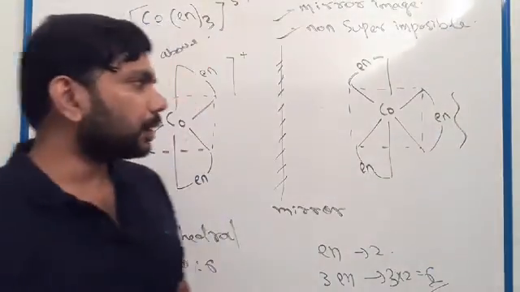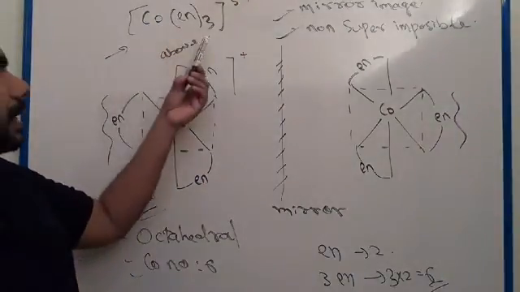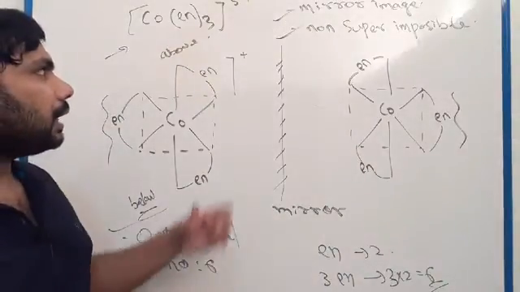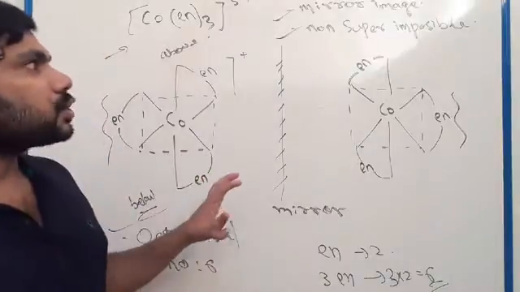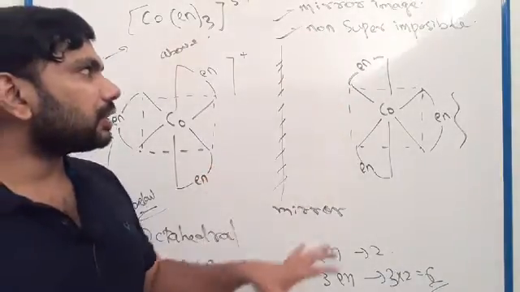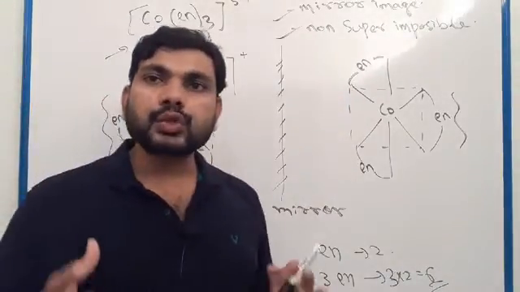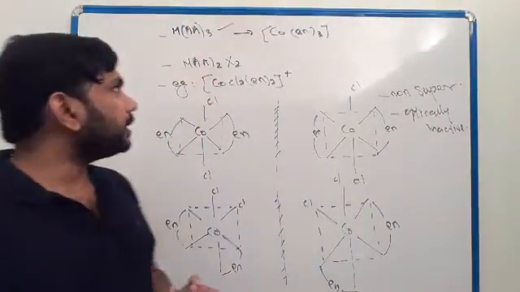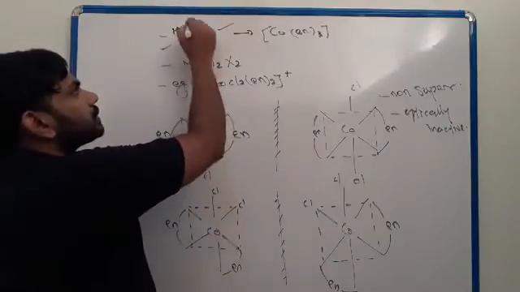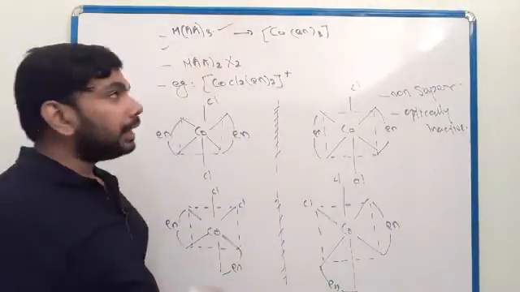This is one example for optical isomerism, with coordination number 6.